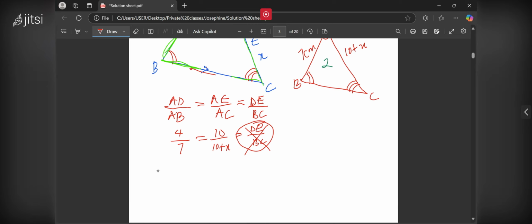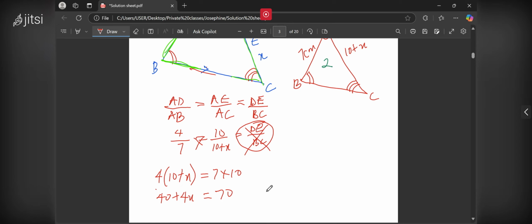We cross multiply: 4 into brackets 10 plus x equals 7 times 10. Let's open the bracket: this is going to be 40 plus 4x, and this gives us 70.